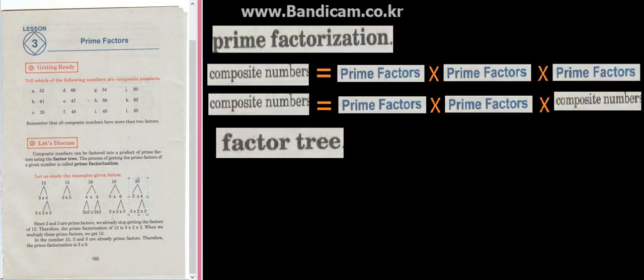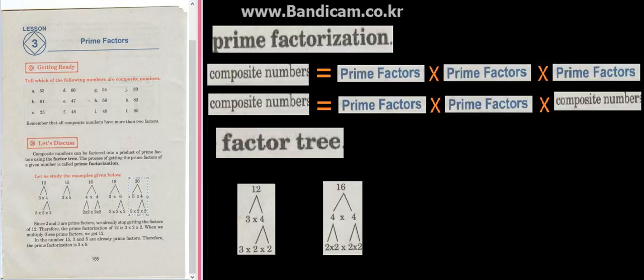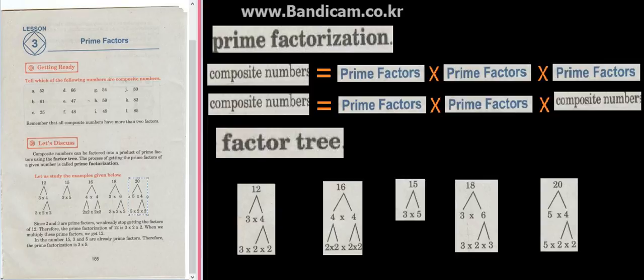And in the book it introduced a way of factor tree. A factor tree is doing a prime factorization in this kind of form. So let's look more closely at what a factor tree and prime factorization are.